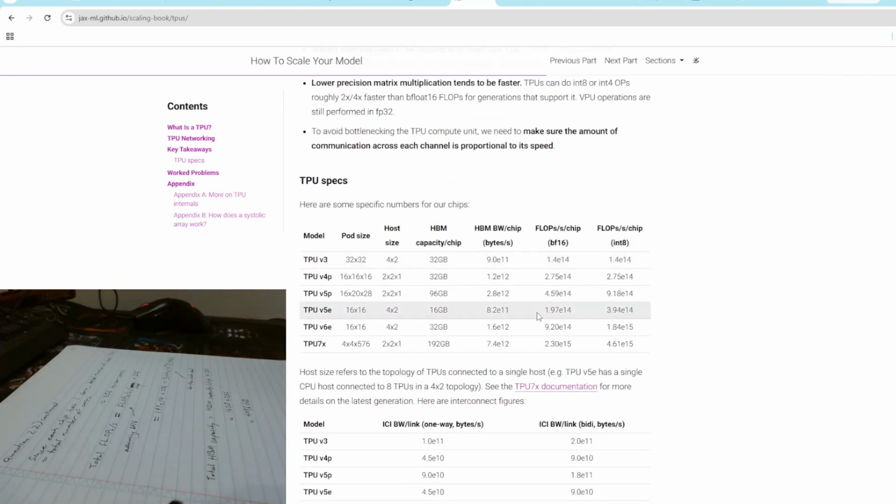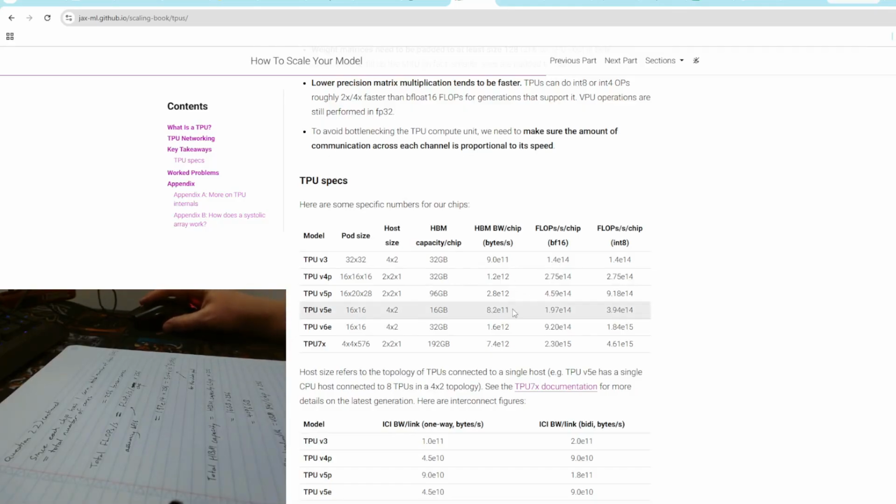Alright, and then total HBM bandwidth. Total HBM bandwidth equals HBM bandwidth per chip times the number of chips, times 256, which equals.